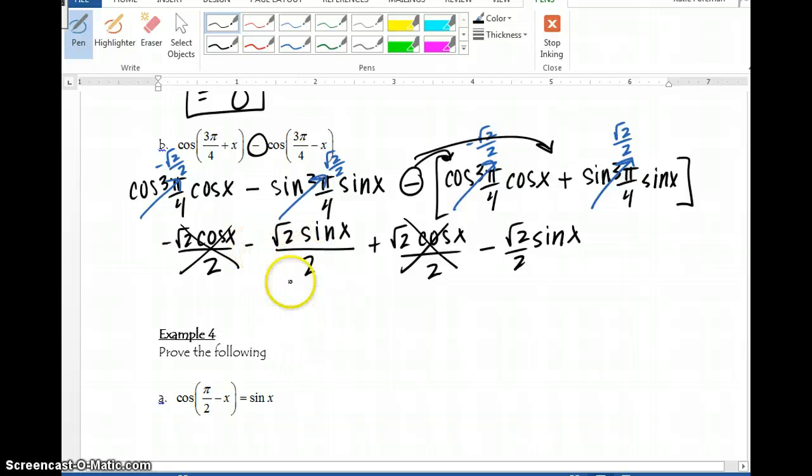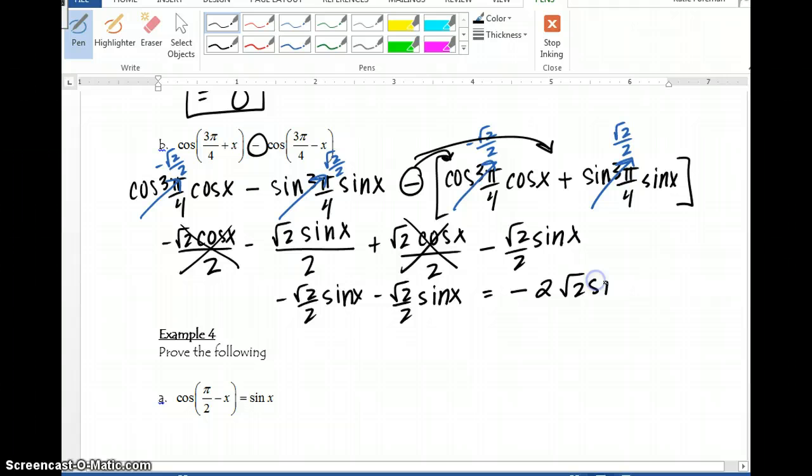Now look at what I have. Negative square root of 2 over 2 sine x minus square root of 2 over 2 sine x. Like terms, common denominators already, so we just subtract the numerators. It's the exact same numerator. So I have 2 of the exact same thing. These 2's cancel, and I'd be left with negative square root of 2 sine x. So that expansion had a little bit more to it than the previous one.